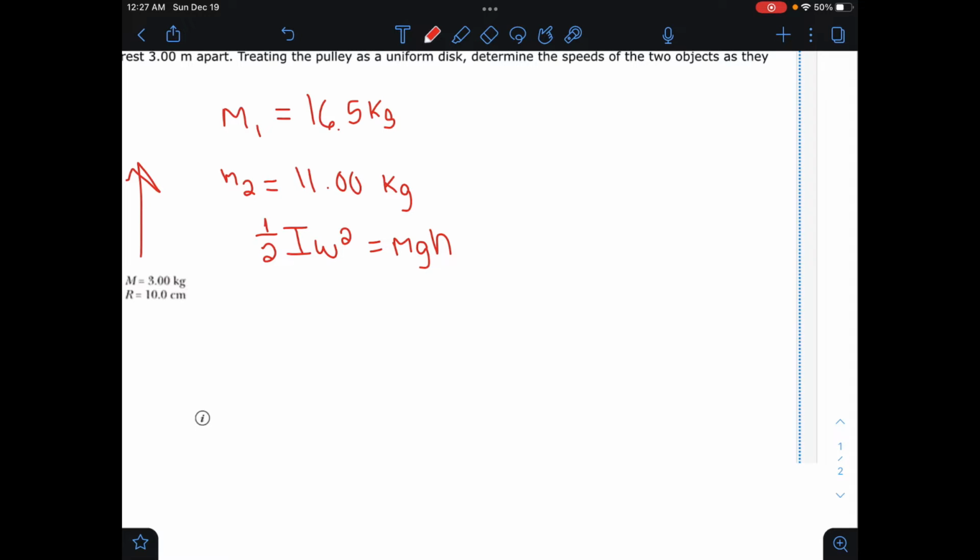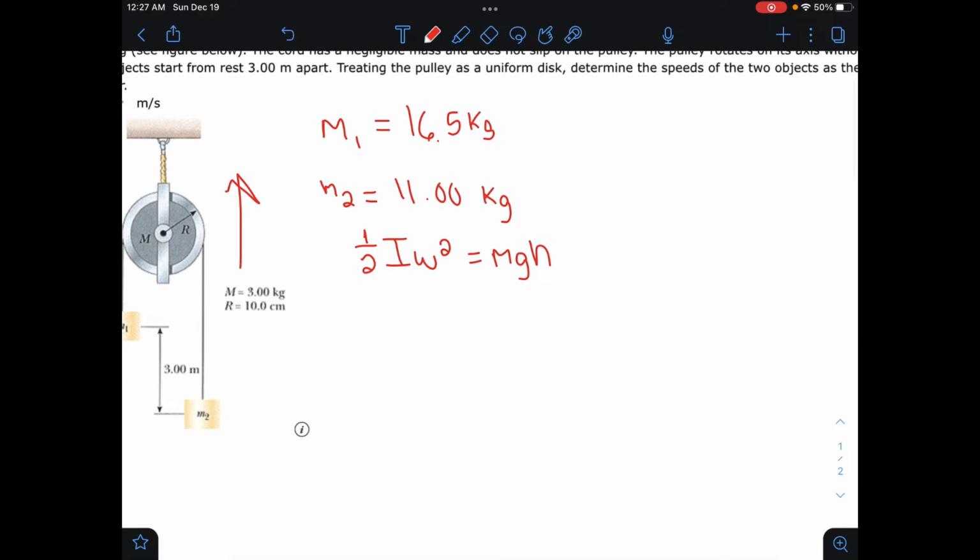It's not W. It's not alpha. I don't remember what the letter is called. Okay, it means angular velocity though. Okay. So we got the I omega squared is equal to the mass times gravity of the system. Okay, because energy is conserved. But we need more pieces to it.